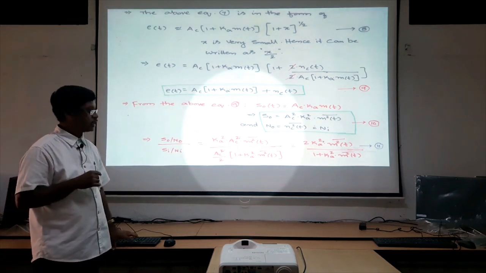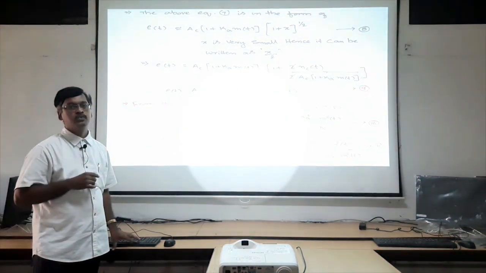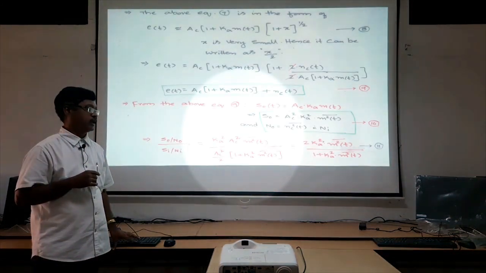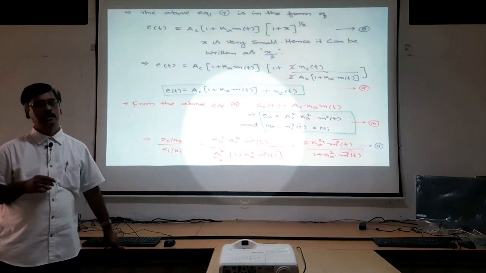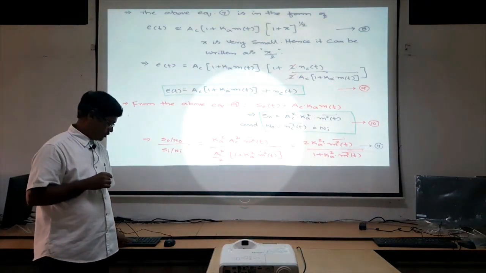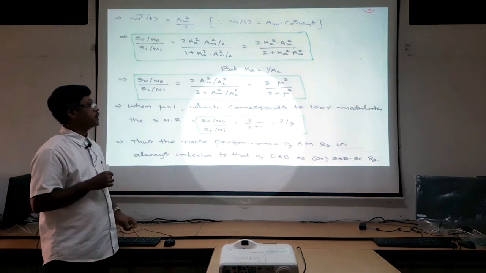Here, m square t bar defines the mean square signal power. m of t is nothing but the message signal, so m square t bar is the mean square message signal power.